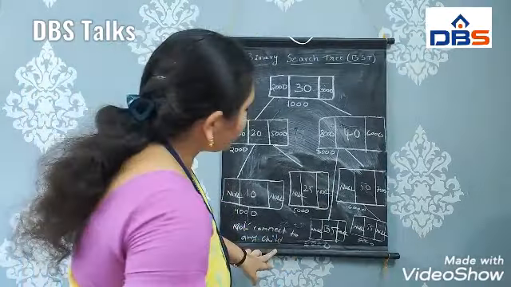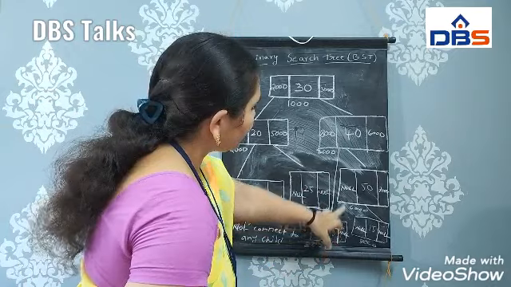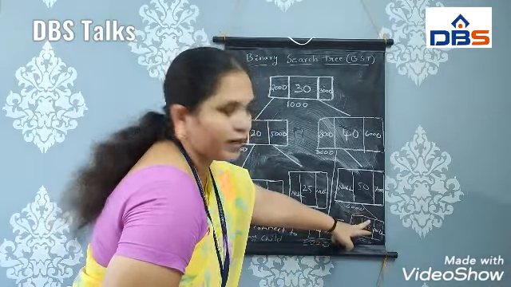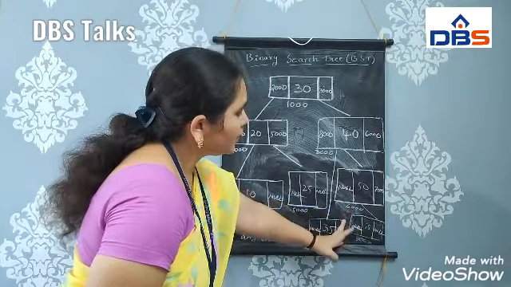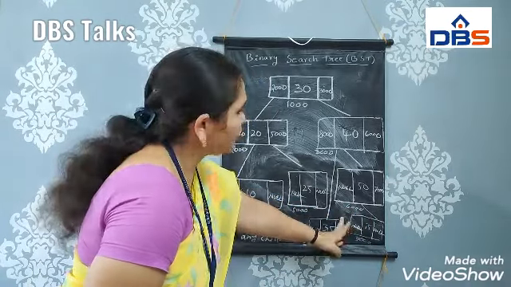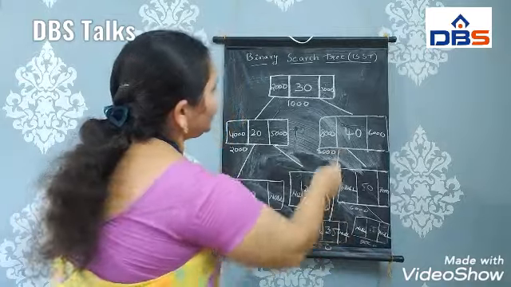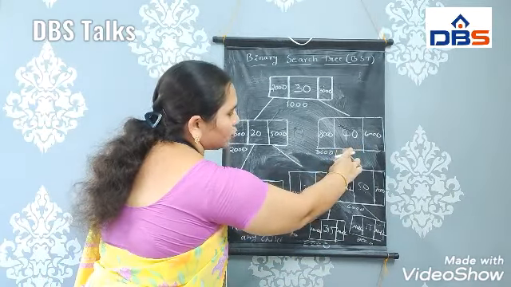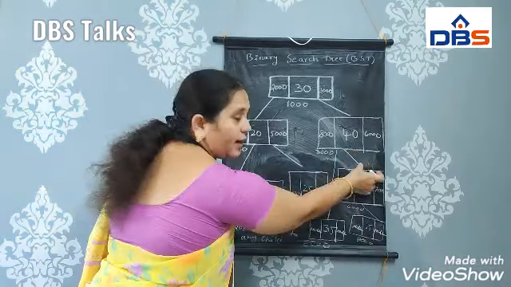But consider this node. This is connected to only one chain. It is not connected to two chains, like a left chain and a right chain. Again, consider this node. This node is connected to two chains, both the left chain and the right chain.